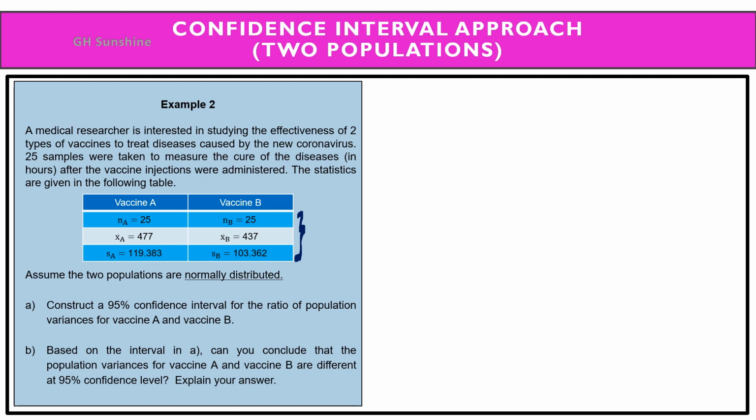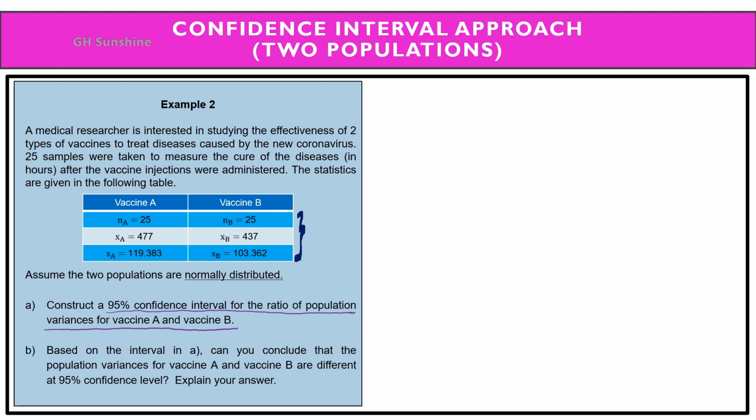Assume that the two populations are normally distributed. Construct a 95% confidence interval for the ratio of population variances for vaccine A and vaccine B.